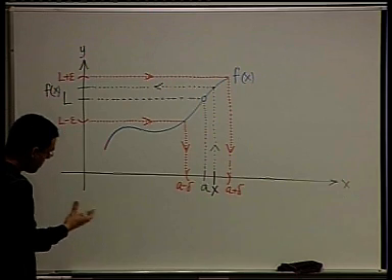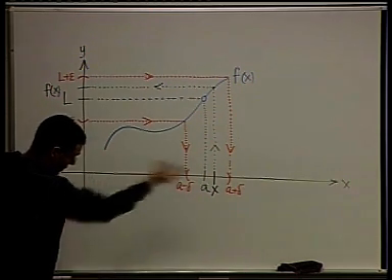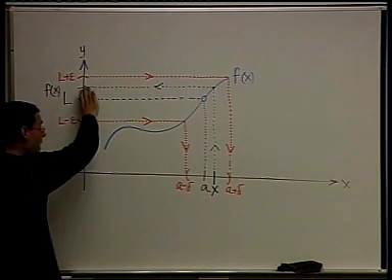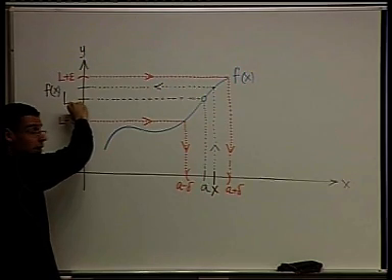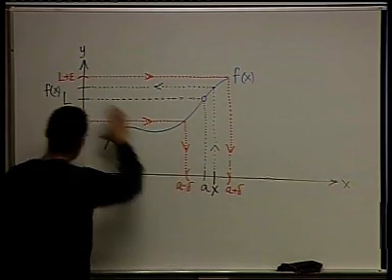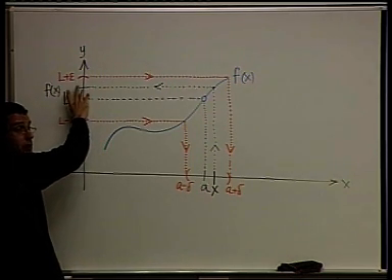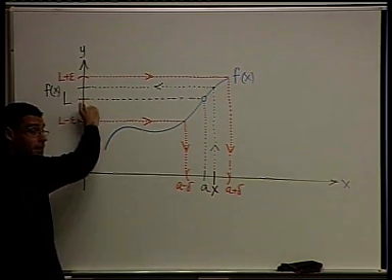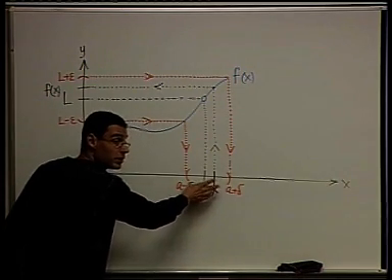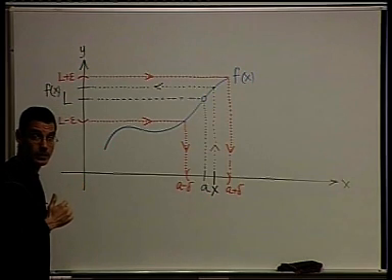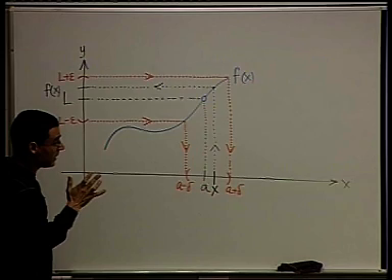So maybe in more informal words, the way to say that is, if you want to guarantee that f of x is epsilon close to L, you need x to be delta close to A. Okay?